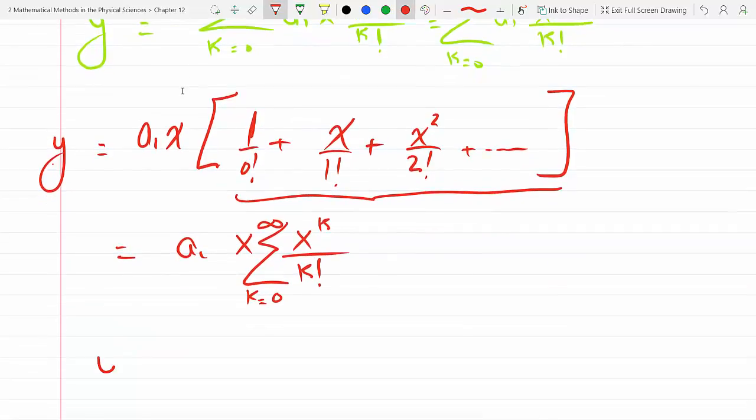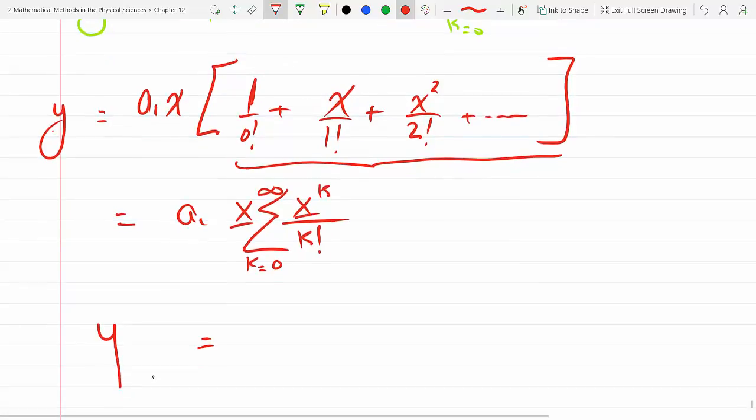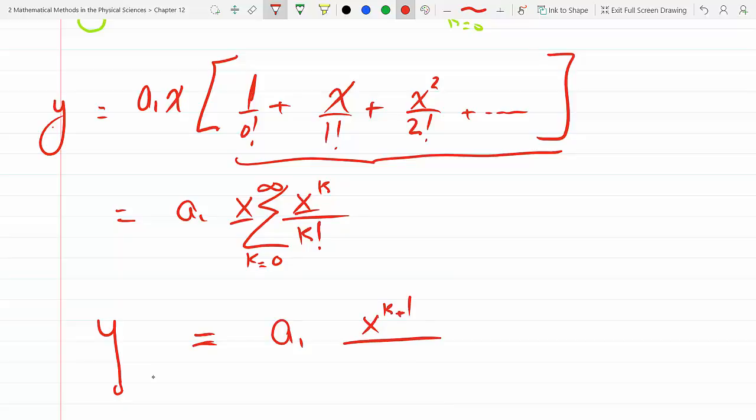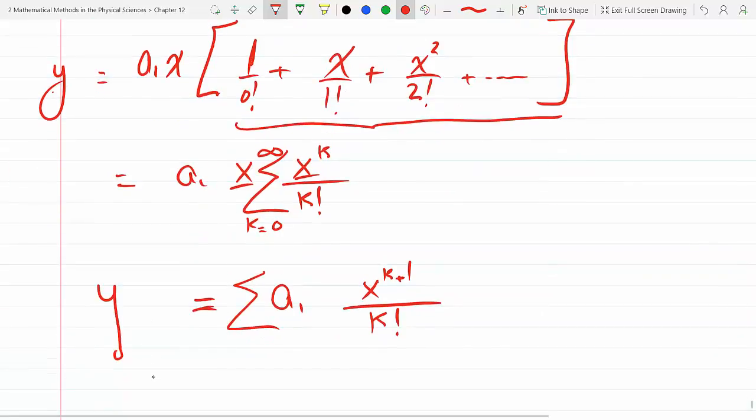And if I now pull this x in and group the x's together, I would get a1 x to the k plus 1 over k factorial from k equals 0 to infinity, which is the same exact answer I got in green.